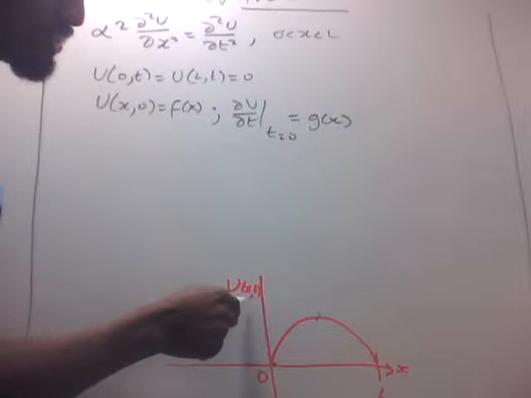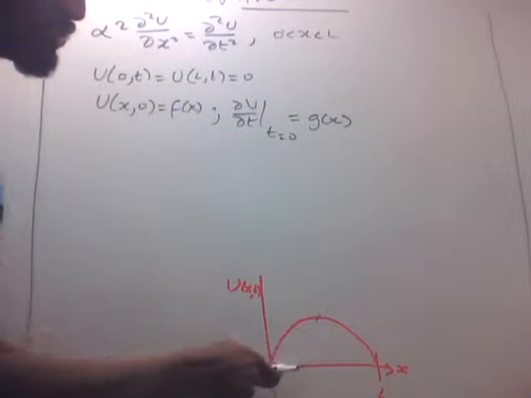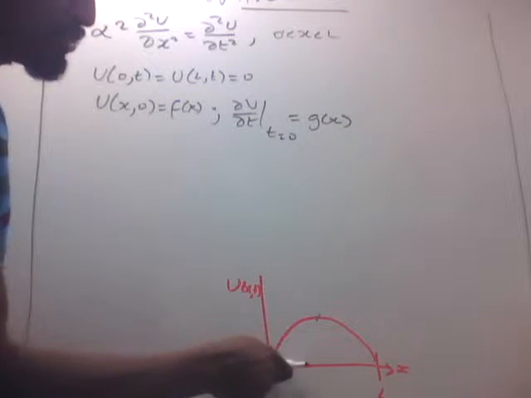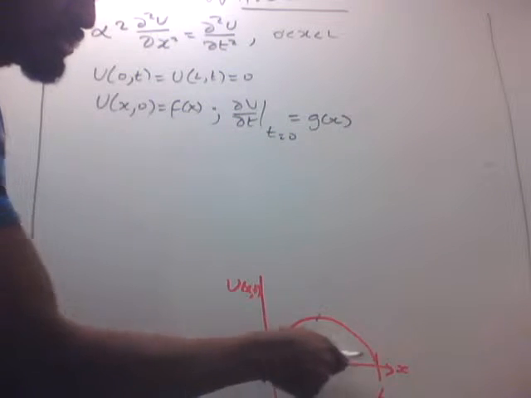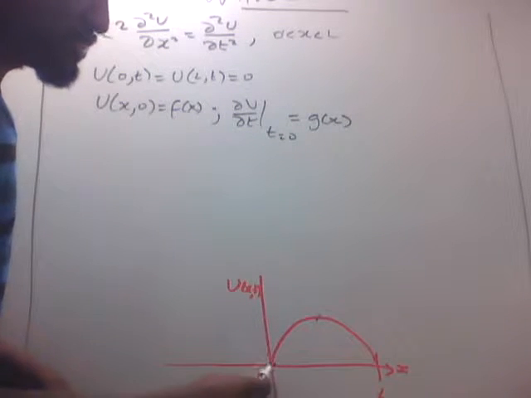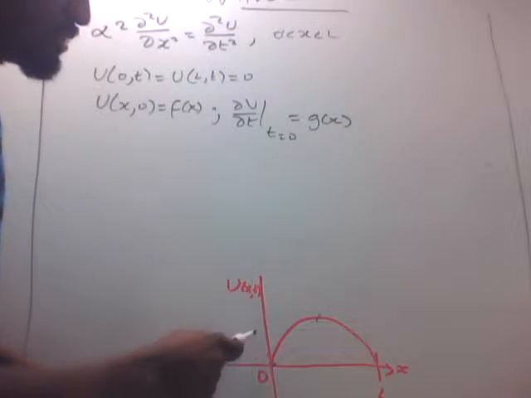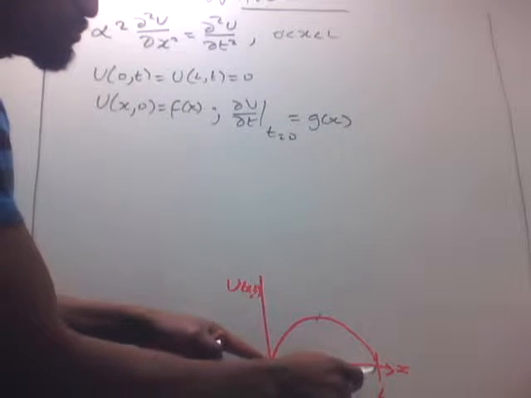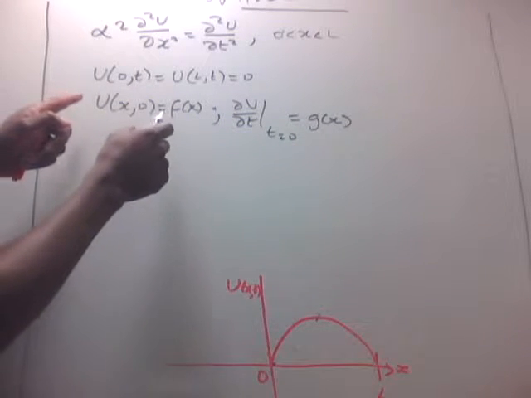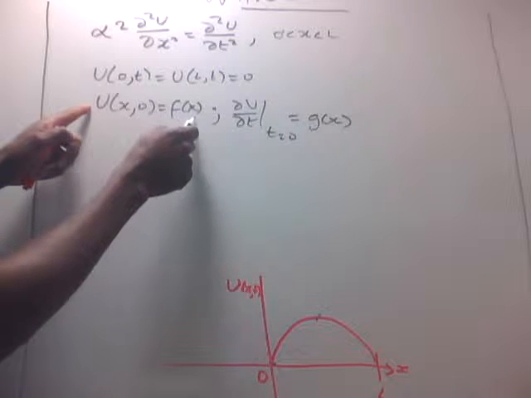U is the displacement of the string from 0, from the initial 0 when it's flat, and x is the distance along the string from 0 to L. Given the initial position of the string, at time t equals 0, some function f of x.